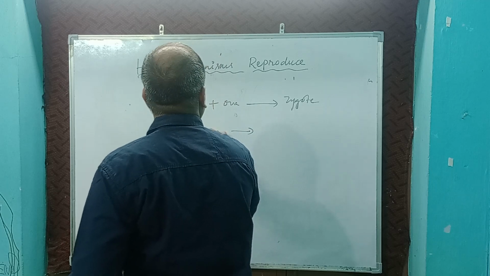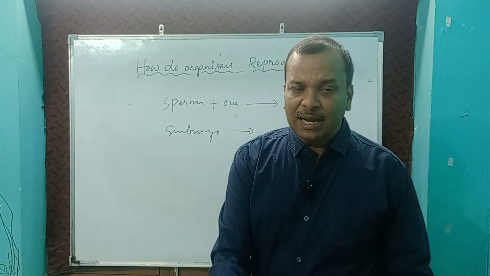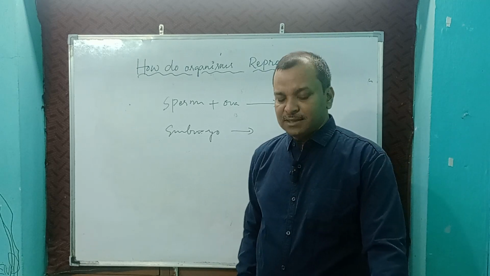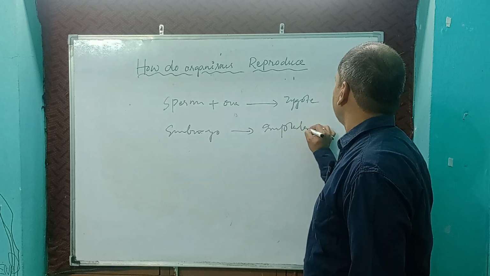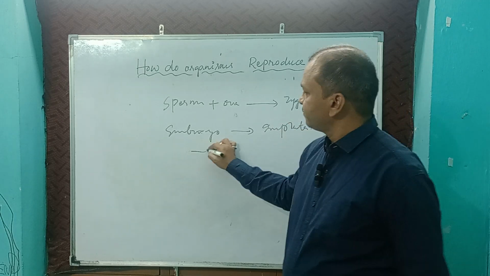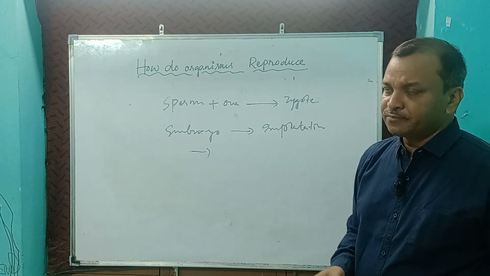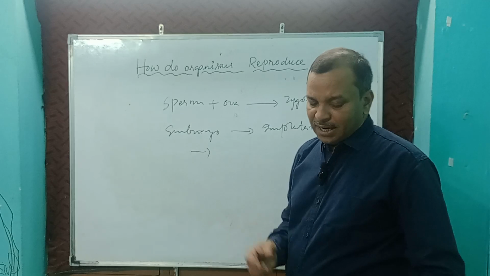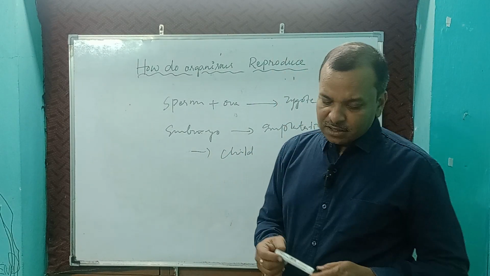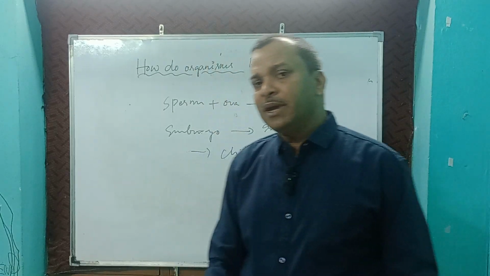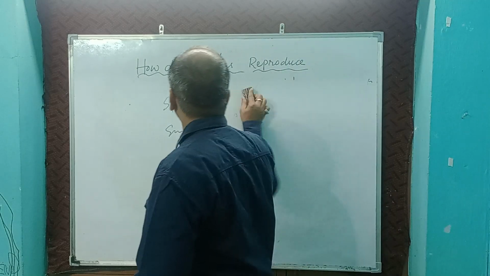The embryo embeds into the thickened lining of the uterus, that is called implantation. Then from that implantation the embryo will develop into a child. Clear. This is the process.